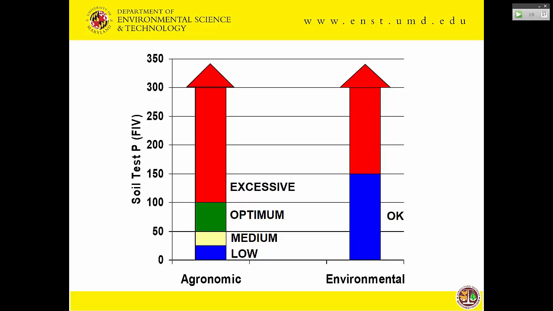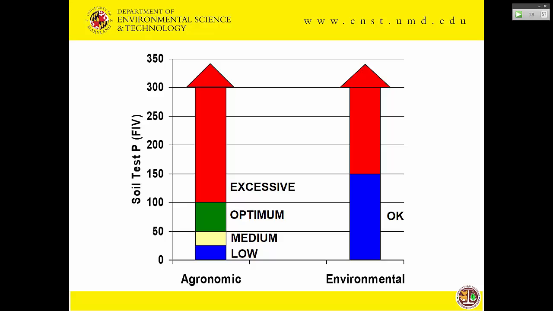So when the hullabaloo started after the fish kills in '97, and it was quite clear that we were going to have to do something about phosphorus, the decision was made to apply an agronomic soil test in an environmental situation. So we looked at the data and said, well, okay, where do we run into trouble? Where should we draw the line?